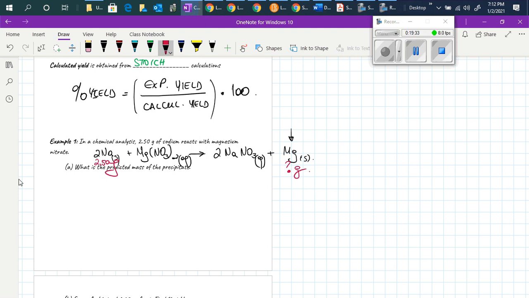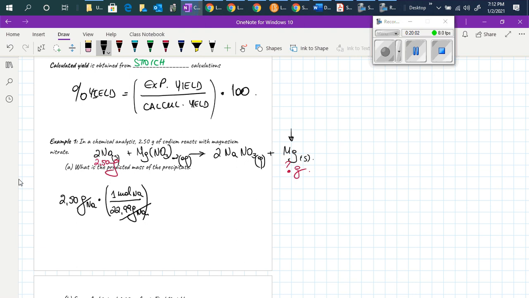Now this is the case of gravimetric Stoich. So we go with what is given: 2.50 grams of sodium times, using the molar mass, 1 mole of sodium is 22.99 grams of sodium.